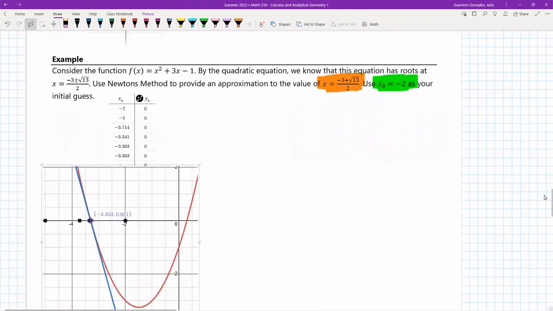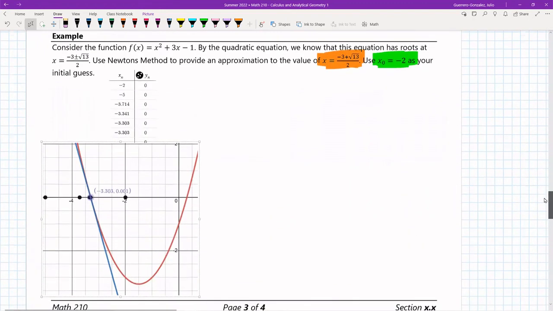So hopefully people have been able to pick out the problem that's occurred here, right? We have a sequence of values and they approached -3.303. You guys see that? Okay. But the problem is we were trying to look for the positive one.